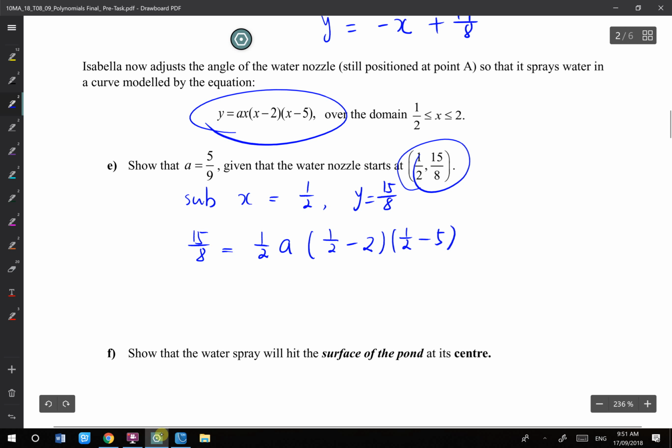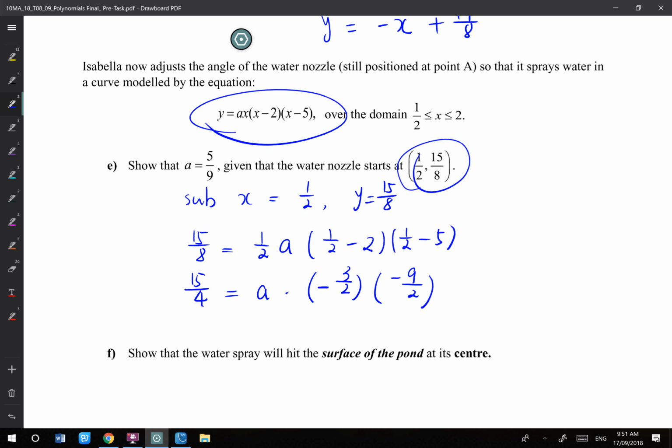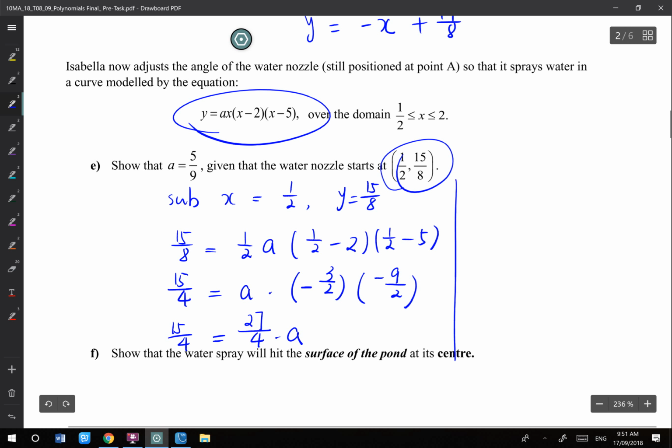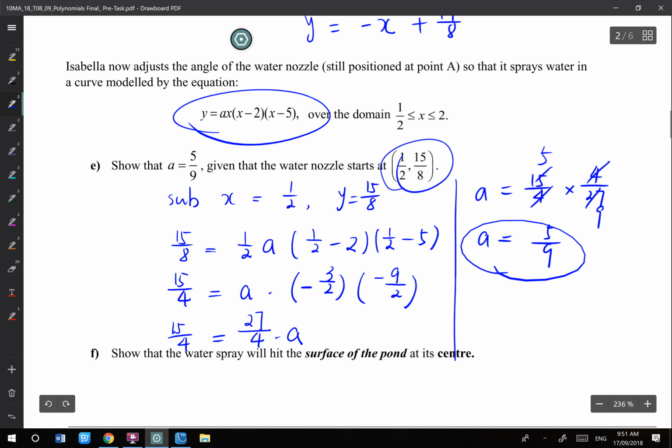Times 2 first, 15/4 equals a times, they will both become negative, 3/2 and -9/2. So 15/4 equals 27/4 times a. A equals 15 over 4 times 4 over 27. A equals 5 over 9. Okay, 5 over 9 is the a value.